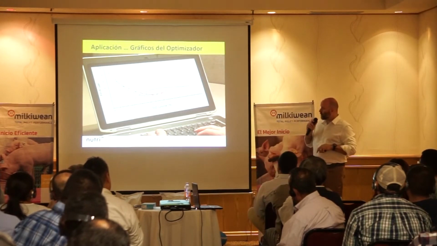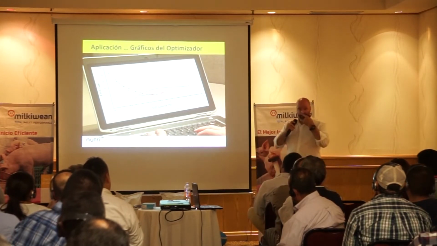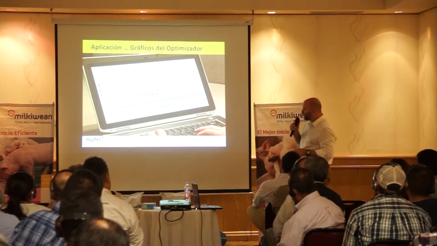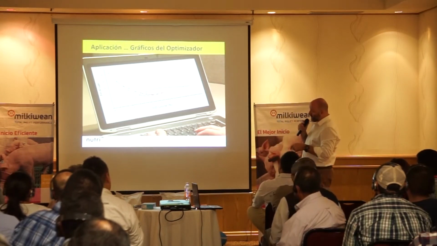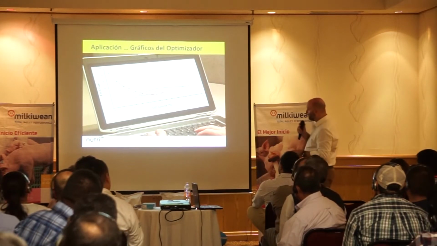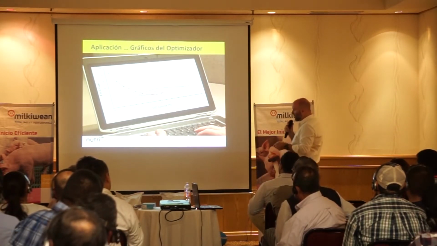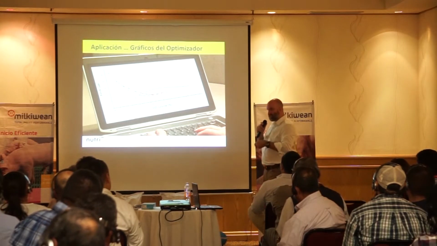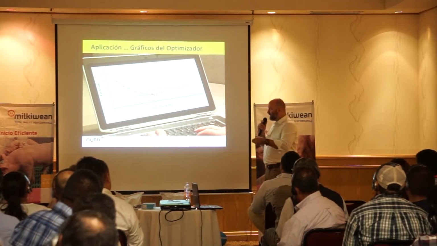This is an example of a graph that would have come out of the optimizer in one of those results. You can see here, this would be a biological result. We've got feed to gain. We're trying to get the best feed to gain. And this would be the lysine content of the protein that we need to have in order to get that result.